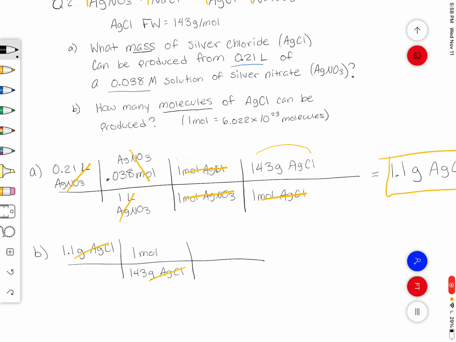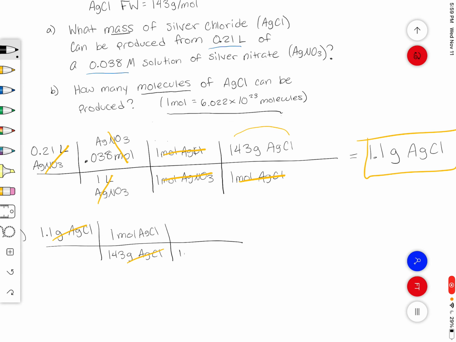You should have learned in class that moles are like the center point, and they can basically convert you to grams, to molarity, to molecules. Moles are just a good spot to be at to convert from one unit to another. So now we're back in moles of AgCl, and we see right here that we're also given 1 mole equals 6.022 times 10 to the 23rd molecules.